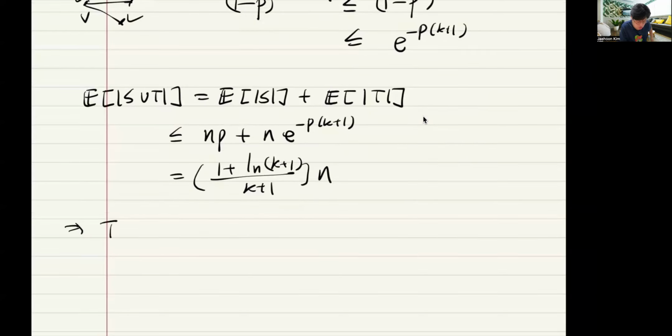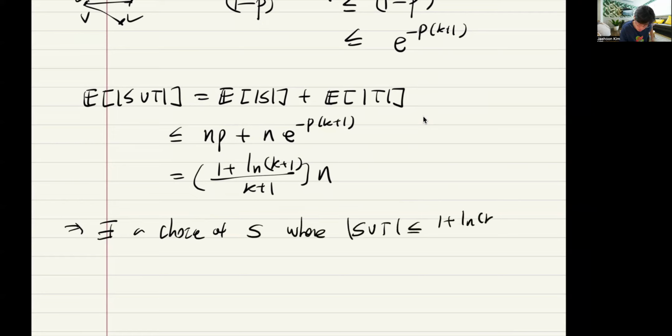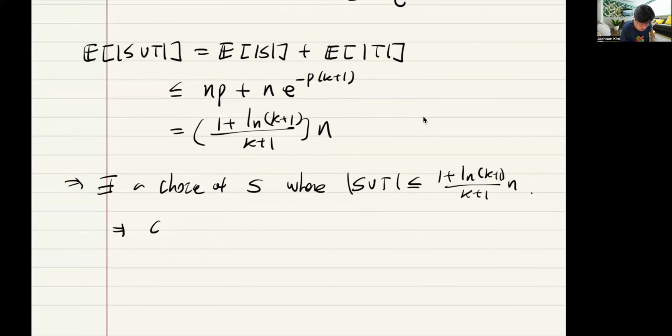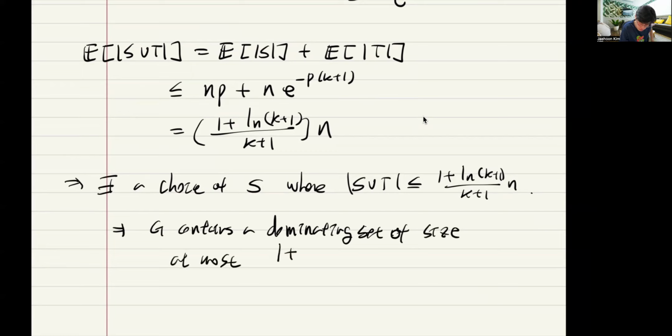So there exists a choice of S where this is smaller than its expectation, showing that G contains a dominating set of size at most this number, as desired. So this proves what we wanted.